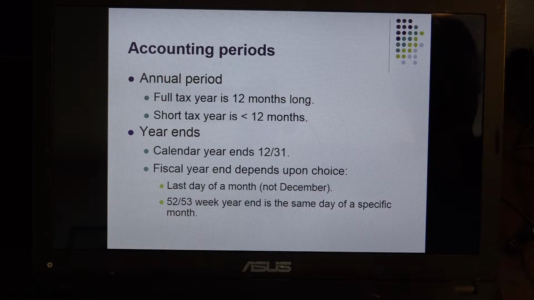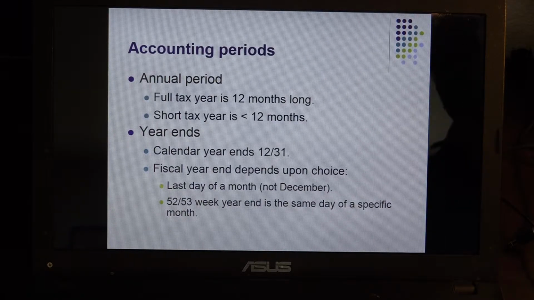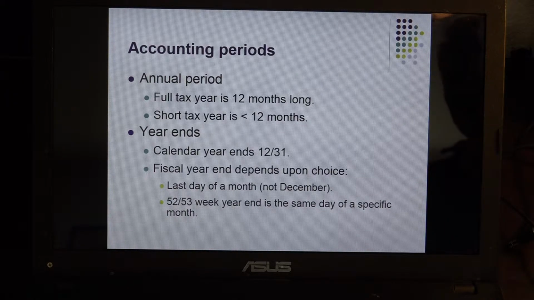Depending on what type of business you are, you may have some different options on what accounting period you have. There are three possible options. This doesn't apply to all business entities.